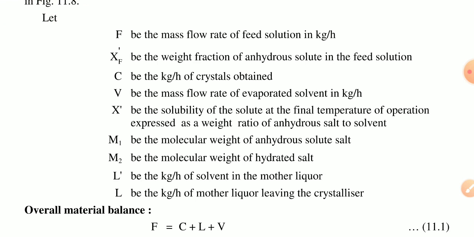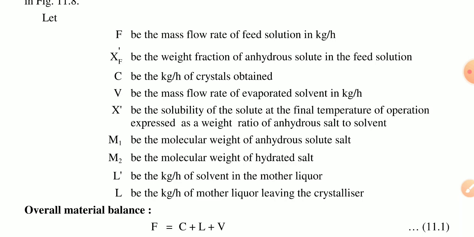And X dash is the solubility of the solute at the final temperature of the operation, expressed as the weight ratio of anhydrous salt to solvent. M1 is the molecular weight of the anhydrous solute salt, and M2 is the molecular weight of the hydrated salt.